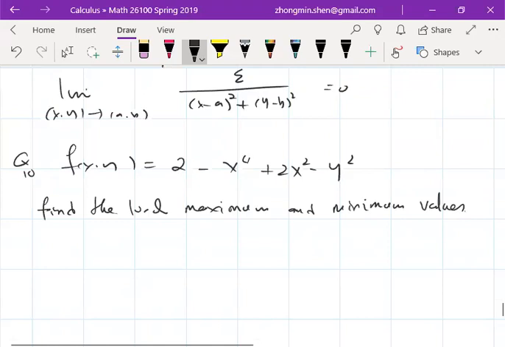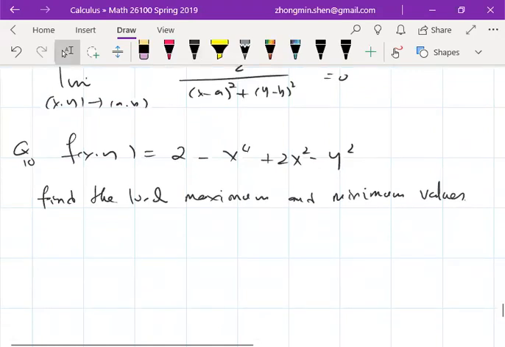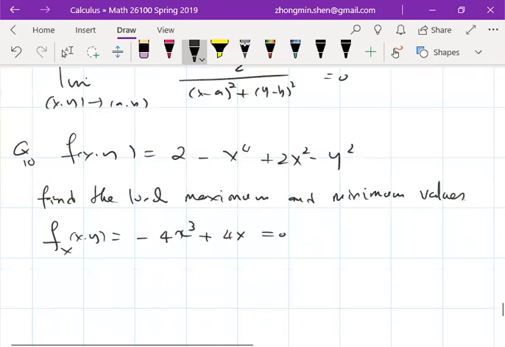So how do you do that? Well, still find the points in the xy plane at which the function has a local maximum or minimum value, right? So I need to look at the partial derivatives. It's going to be negative 4x cubed plus 4x equals 0. And the second one, the partial derivative with respect to y, is negative 2y equals 0.